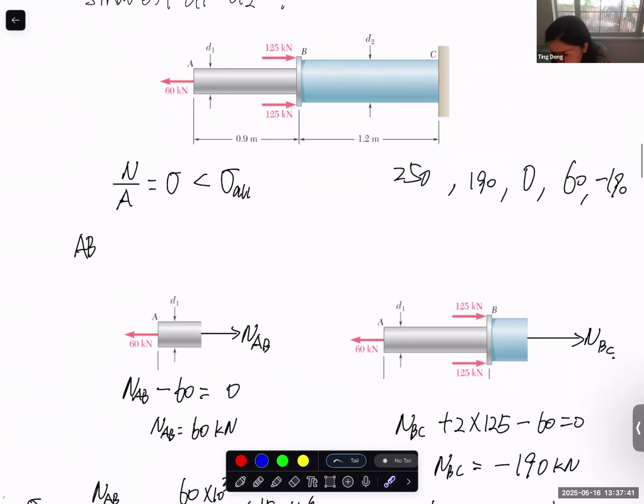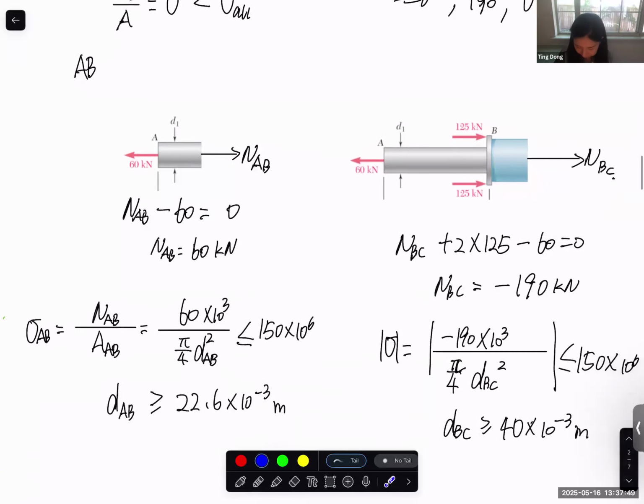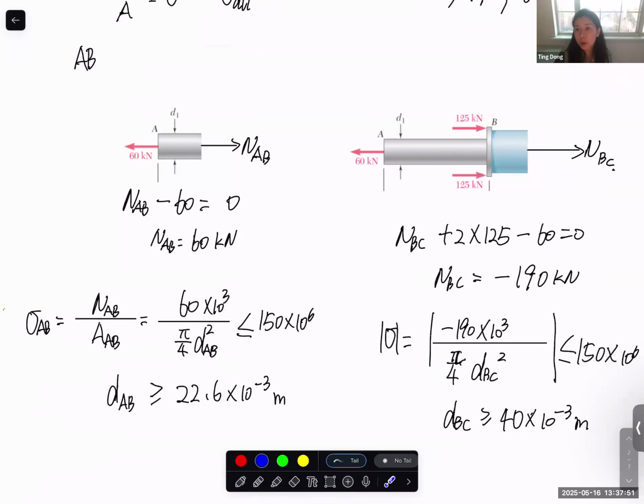Yes, because we are calculating diameter, which is always positive. So here we have the assumption that tension fails at 150, and compression also fails at a magnitude of 150. Any other question? Did I answer the question?